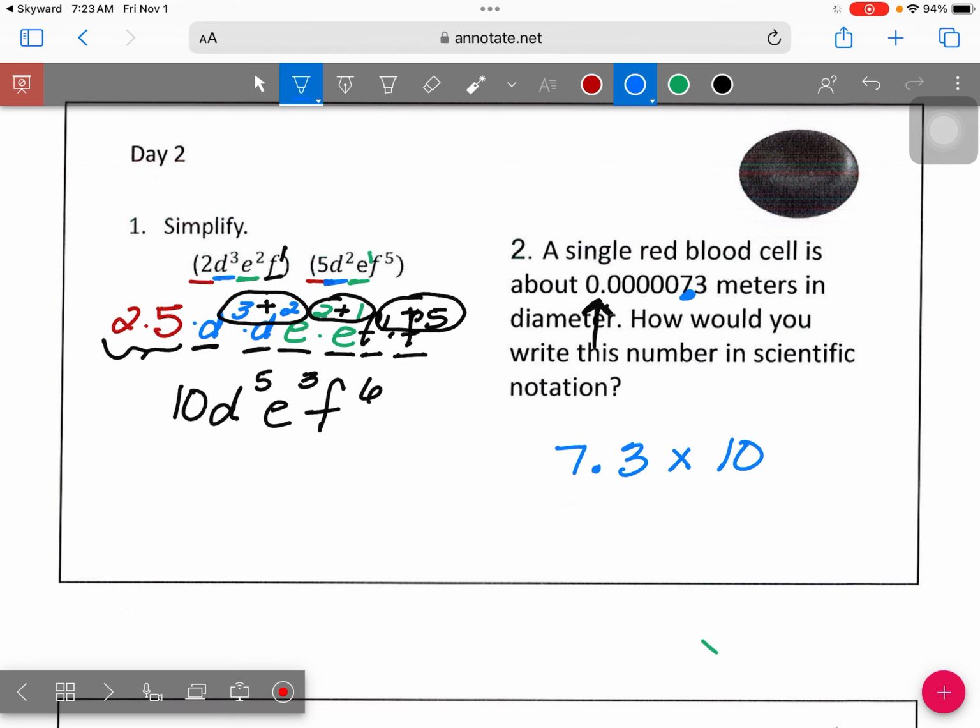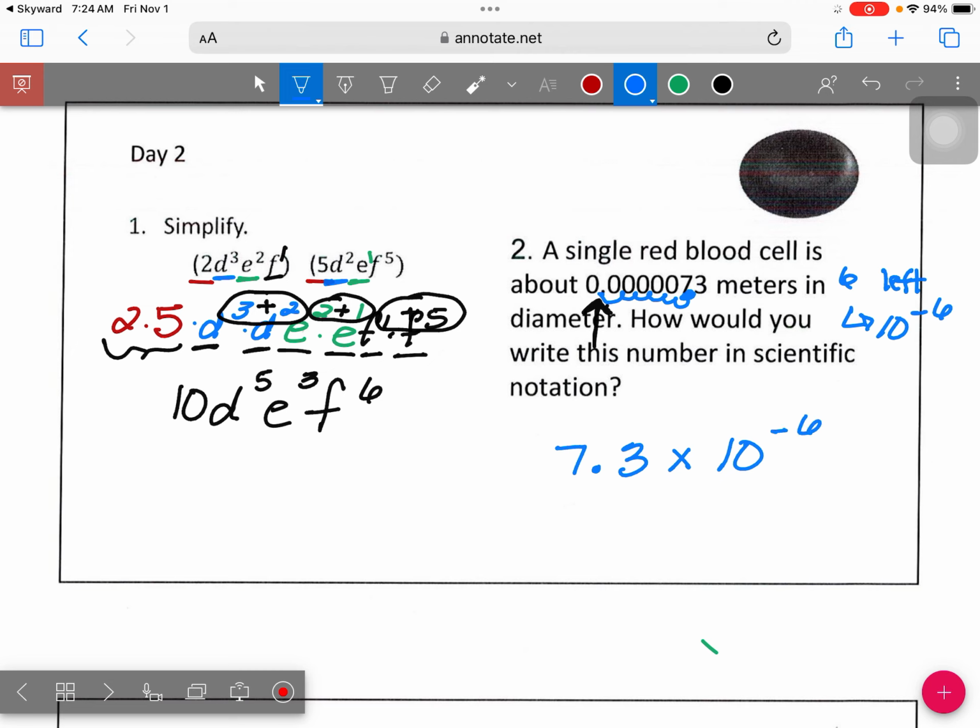Now, to go from where I put that decimal point into my original, I go 1, 2, 3, 4, 5, 6 spaces to the left. Okay, to the left is going to be towards the smaller numbers and towards those that are negative. So that is going to be 10 to the negative 6.